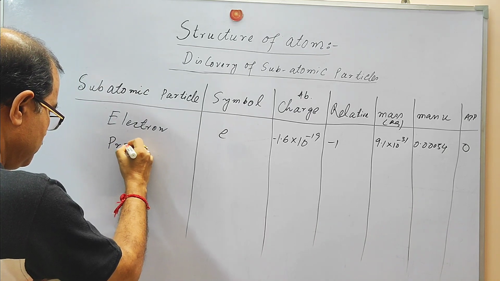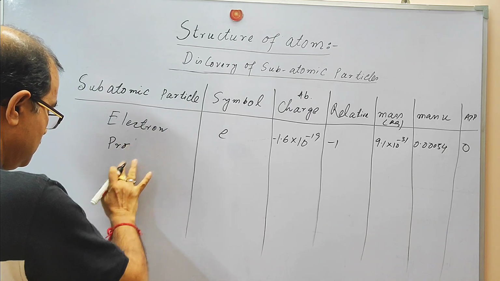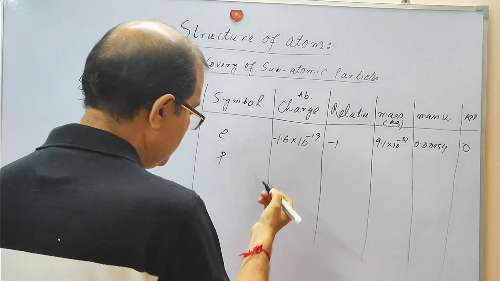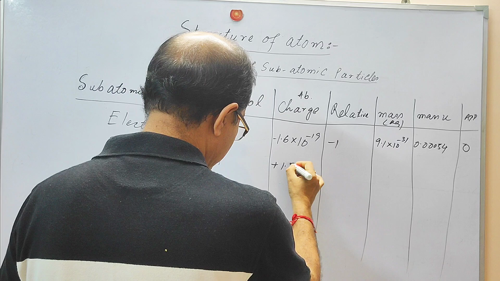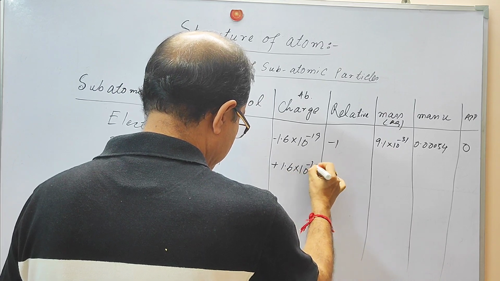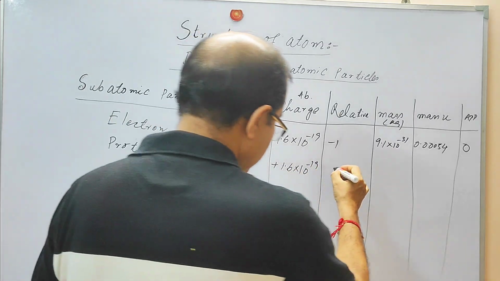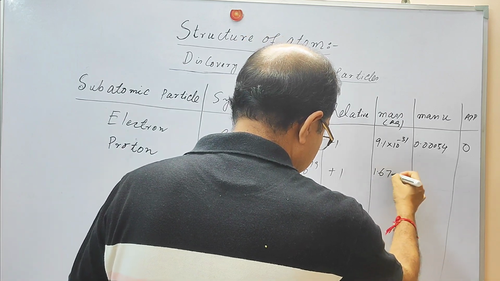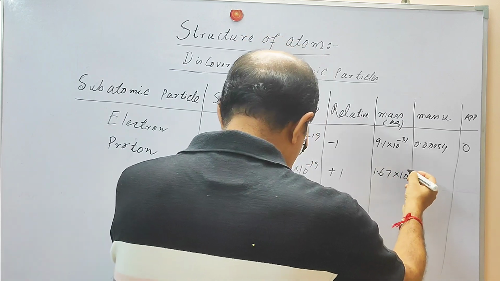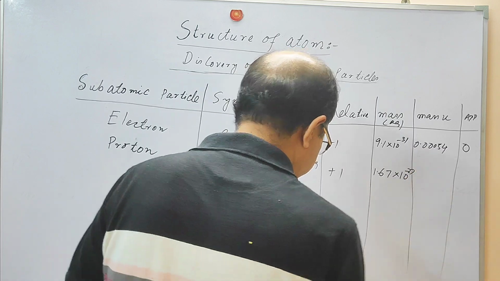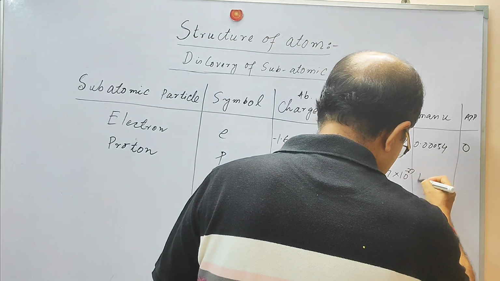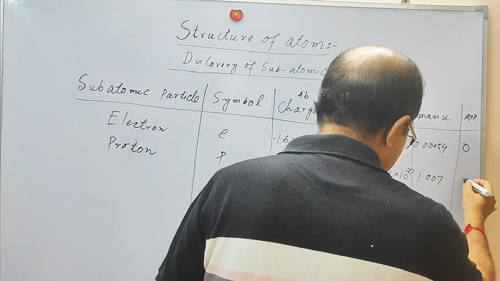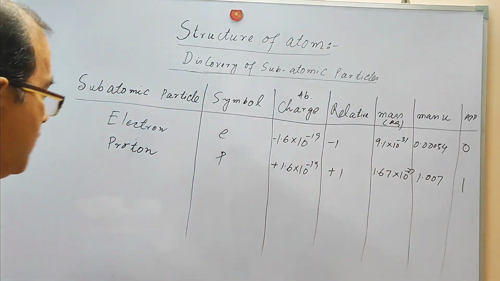Then the proton. The proton symbol is p, its absolute charge is 1.6 into 10 to the power minus 19, its relative charge is plus 1, its mass is 1.67 into 10 to the power minus 27, and its unified mass is 1.007, with an approximate value of 1.